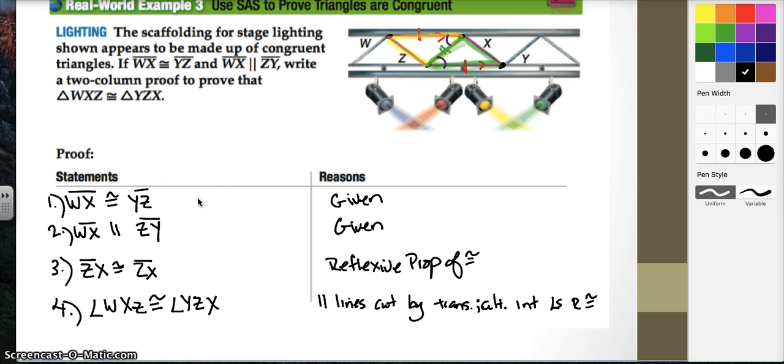And with that, check it out. I've got my side, my angle, and my side. And so now I can bring it home. Drum roll, please. Just kidding. Triangle WXZ is congruent to triangle YZX by the SAS.